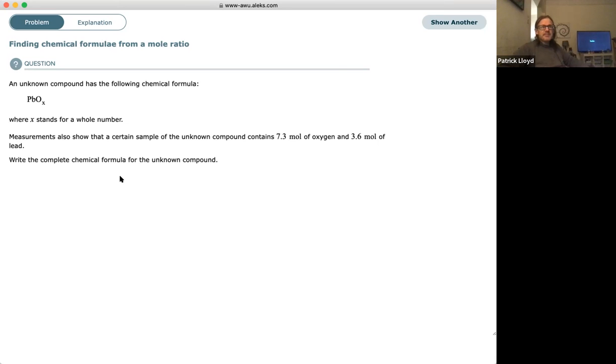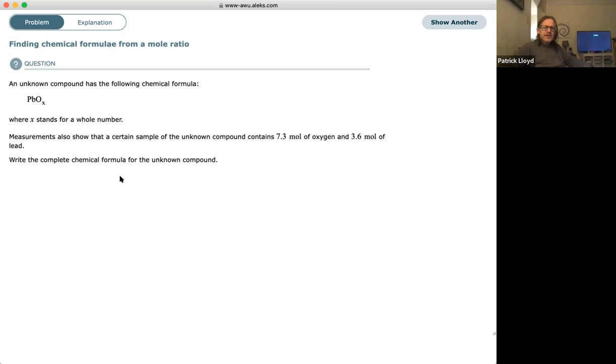We wouldn't have Pb 0.7 or Pb 1/2. It's going to be whole numbers 1, 2, 3, 4, 5. There's some exceptions to that. There are substances out there. There's some famous copper oxide superconductors that have fractions like 2.7 or something like that. But we'll stay away from those.